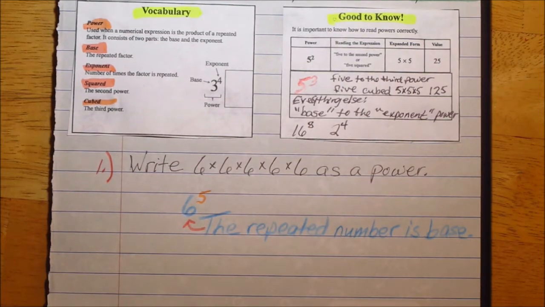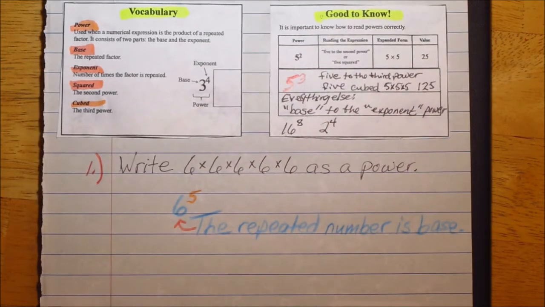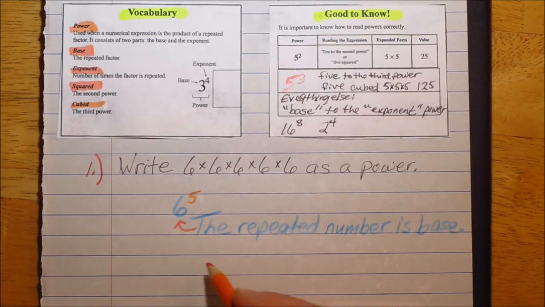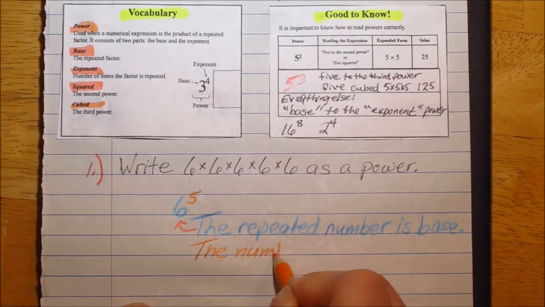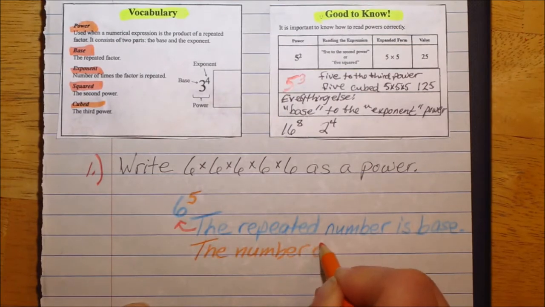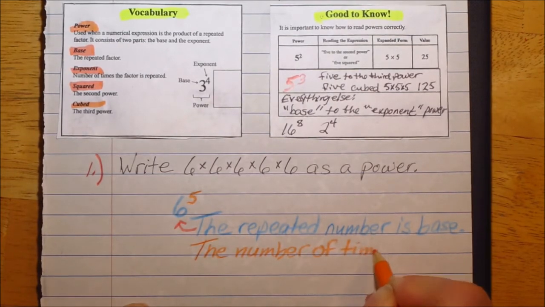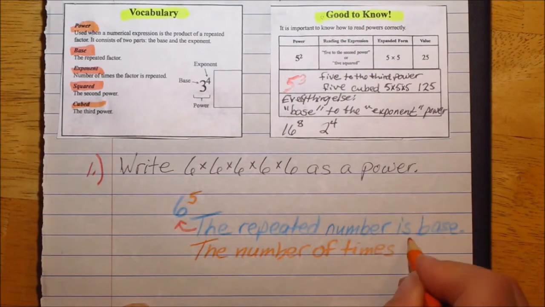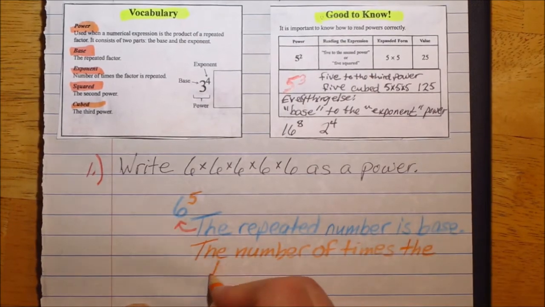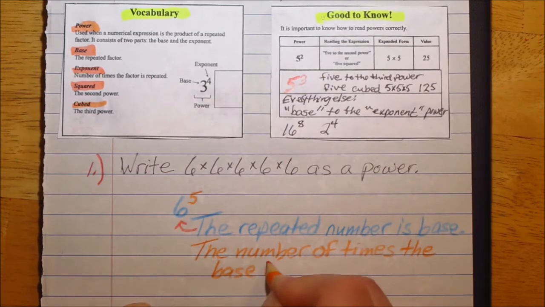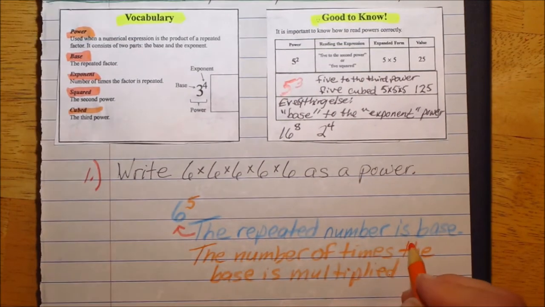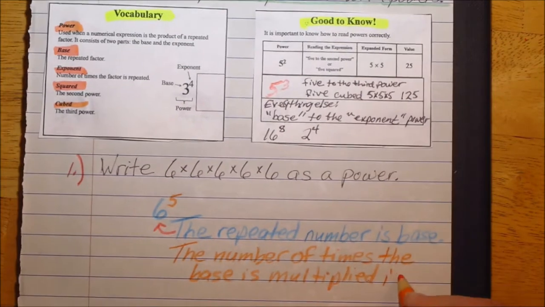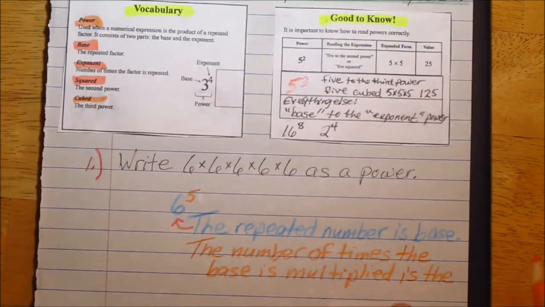All right, so then the number of times the base is multiplied is the exponent.